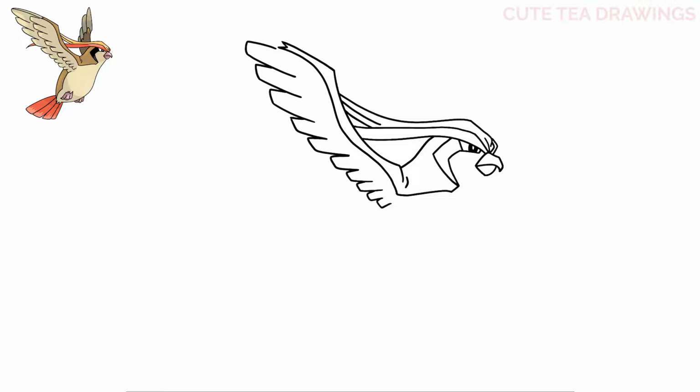Now let's hop back up to the very top of the wing and draw another curve here like this. And then another curve inside at the top. Next, let's add another layer of feathers in the same way as before with curved rectangle shapes.